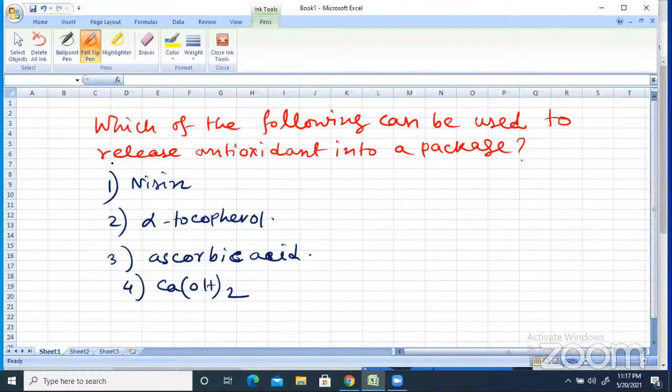Yes, ascorbic acid can also be there, but there is no option for more than one. That is the problem of the ICS system. But which one is more appropriate?